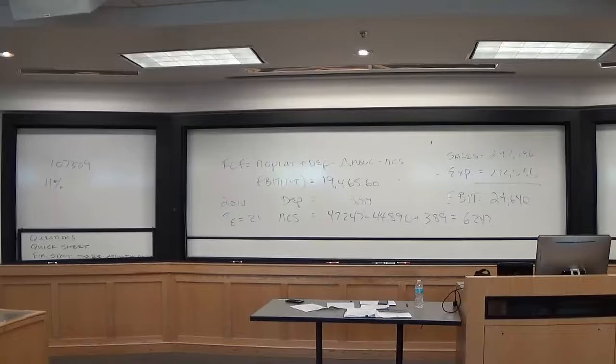Just use the total current assets from 2014 minus the current liabilities from the same year. Yep, so what is the number? You have calculators, I have a pen. 66.912. Yep, thank you.